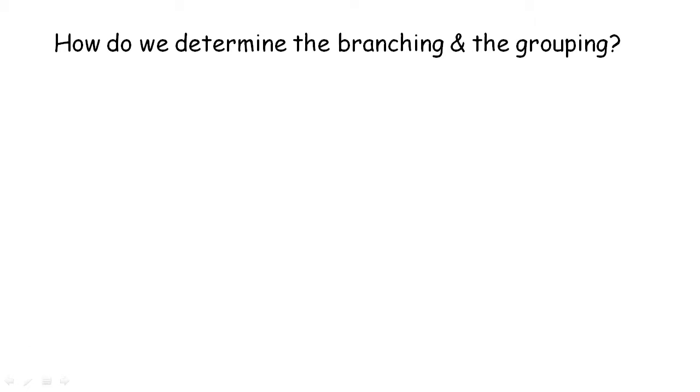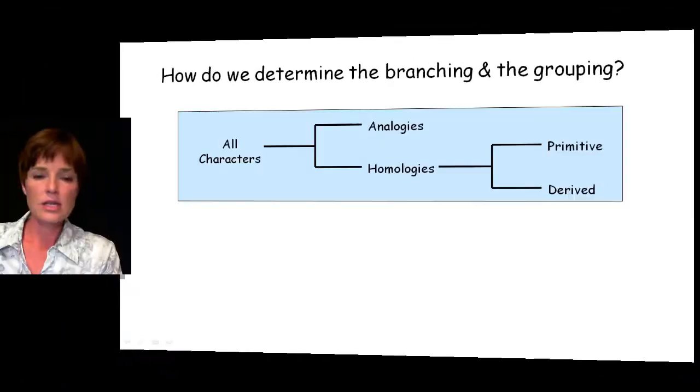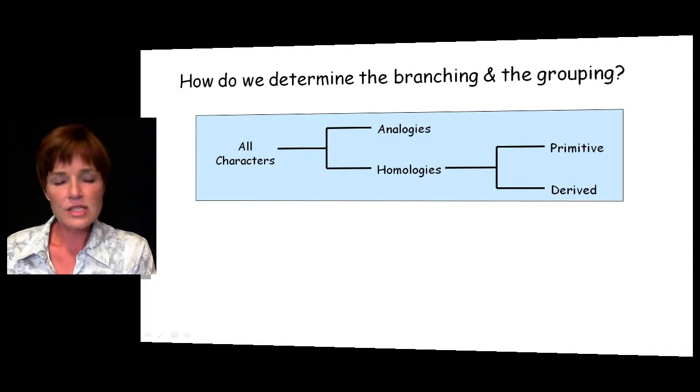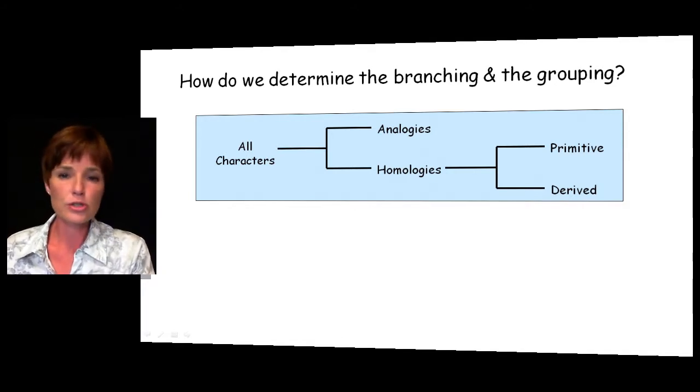As we put together these cladograms, what we want to think about are things very similar to what we talked about when we put together phylogenetic trees. We want to look at similarities. Just as before, it's very important that we're able to determine which similarities are analogous and which ones are homologous.